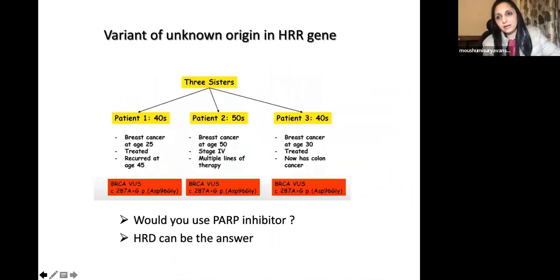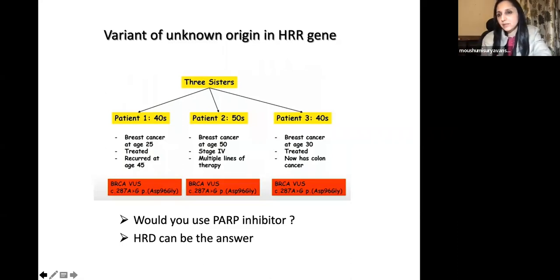For a mutational signature you will need a lot of SNPs covered. I think you would be a better person to answer that. You need some 40,000 to 50,000 SNPs covered, which can give you an idea of LOH, TAI or LST. So SNPs are mainly for that, plus the HRR genes.